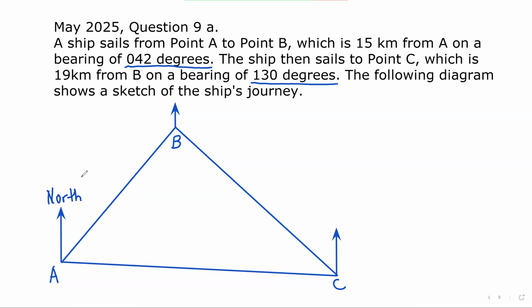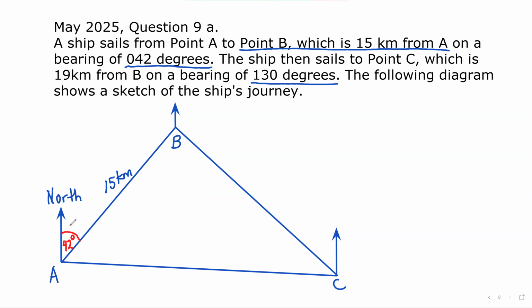It says that point B is 15 kilometers away from E. So here is 15 km, and B is on a bearing of 42 degrees. So the bearing of B from E will be this angle over here, which is 42 degrees.